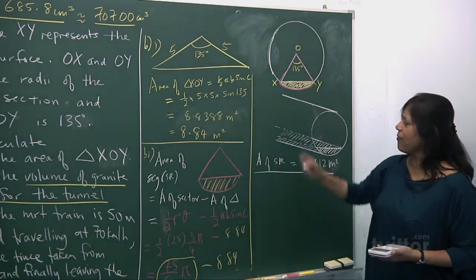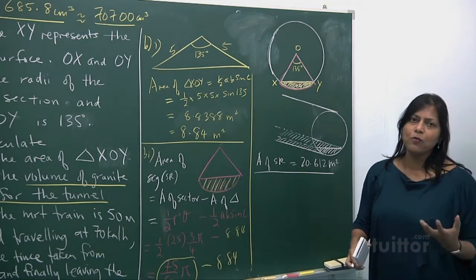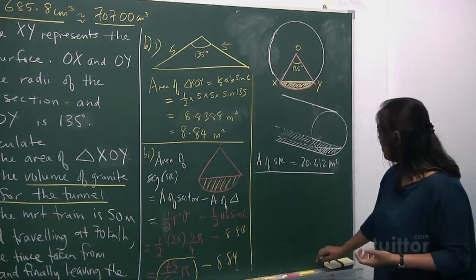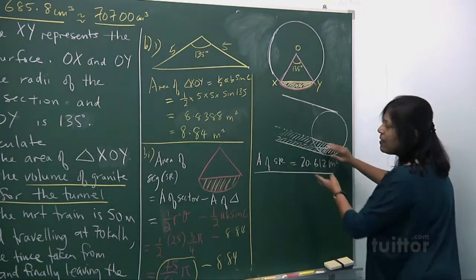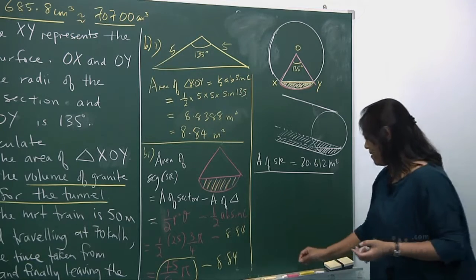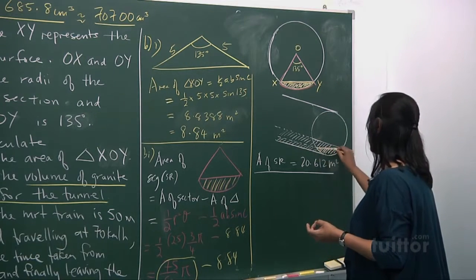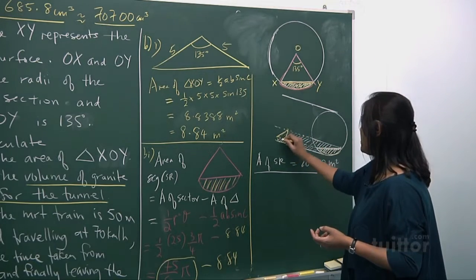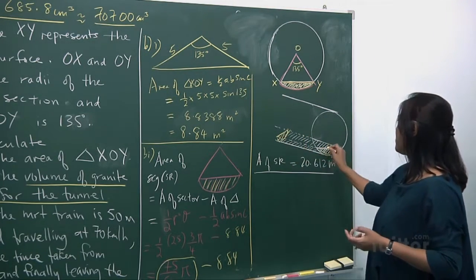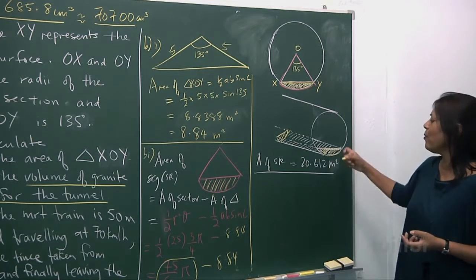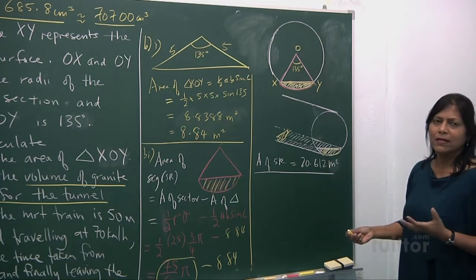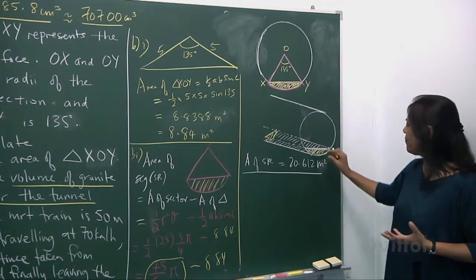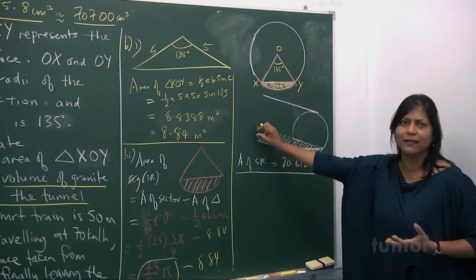Now once we've got that, we want to find the volume of the granite chips. Remember, my dear friends, this is a prism. The prism right here, this is the cross section. And right here, there will be a cross section like that. The volume of this prism is the area of this cross section times the height.